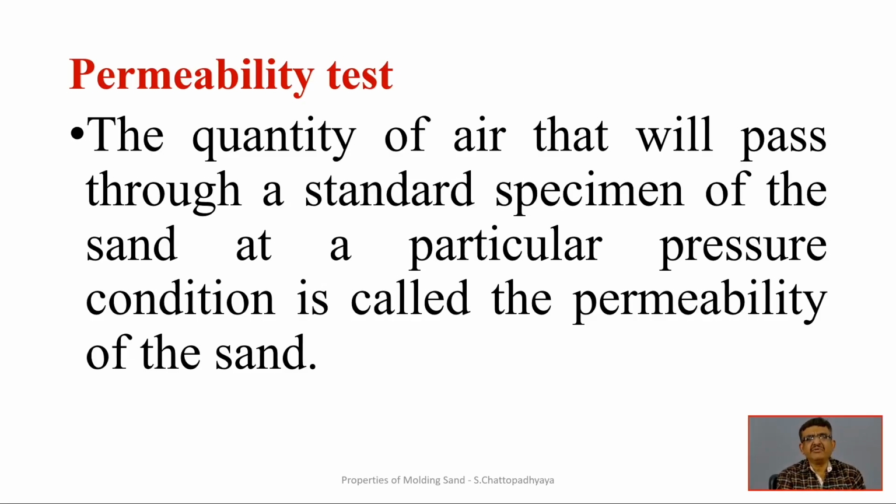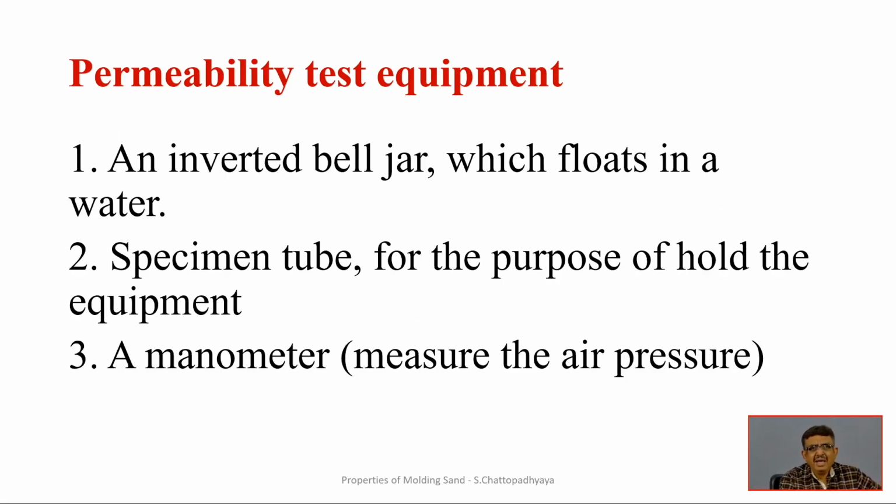Another property is permeability. The quantity of air that will pass through a standard specification is important, otherwise it will escape and make unintended marks in different parts of the casting. In the permeability test, an inverted bell jar floats in water, with a specimen tube holding manometers that measure the air pressure.